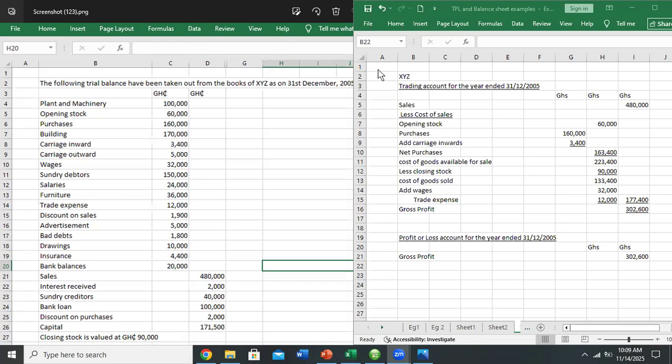So last time we listed those other incomes to be the income from your investment or interest you receive from your investment, commission you receive, sometimes rent received. I've seen sole traders renting out certain things to other people to take rent.